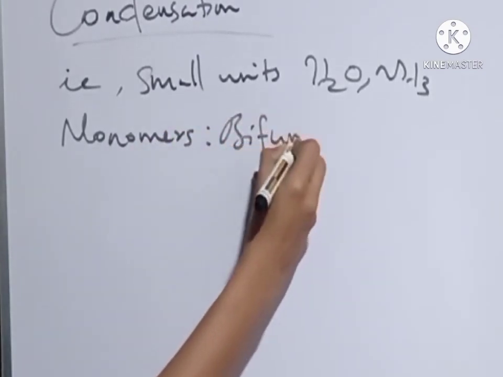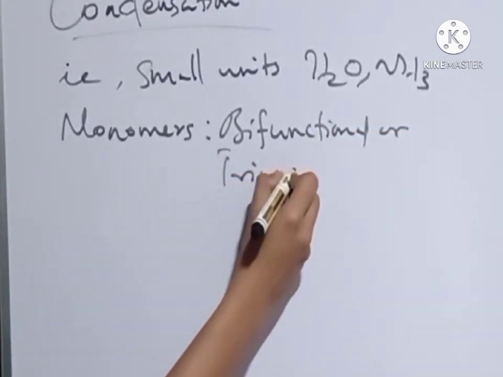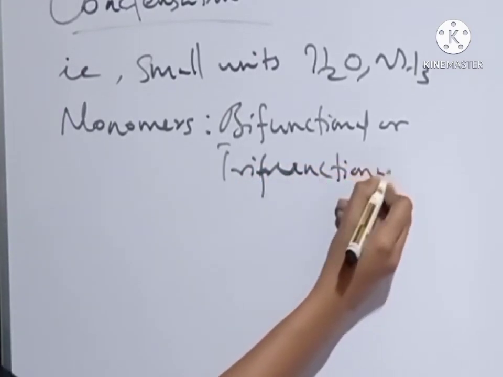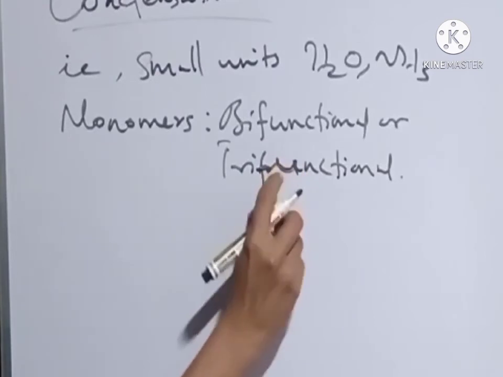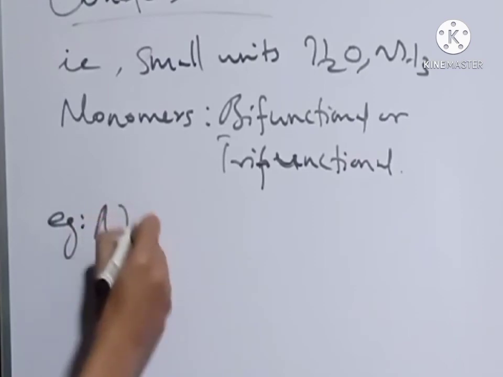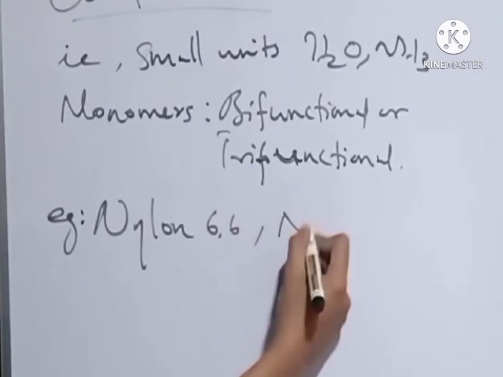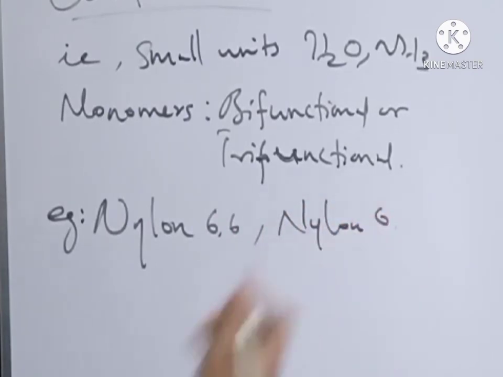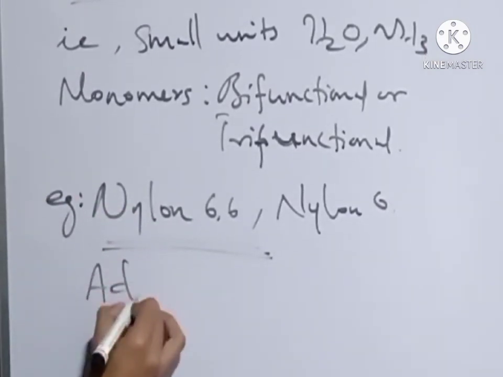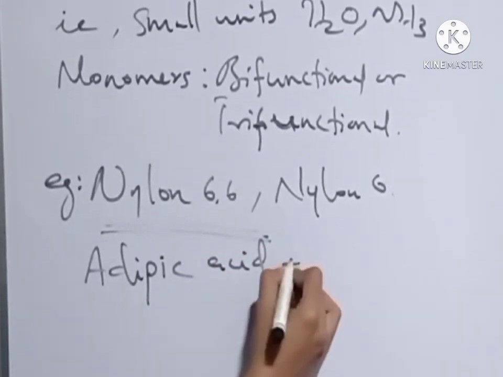Bifunctional or trifunctional units are coming as monomers. Examples are nylon 6,6, nylon 6, etc. If we talk about nylon 6,6, the monomers are adipic acid and hexamethylene diamine.